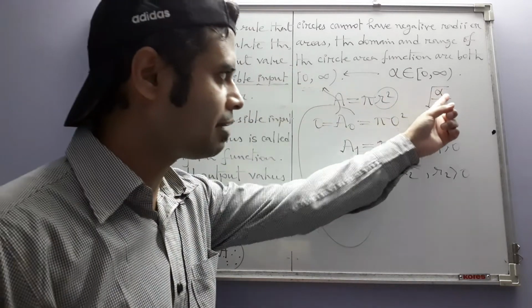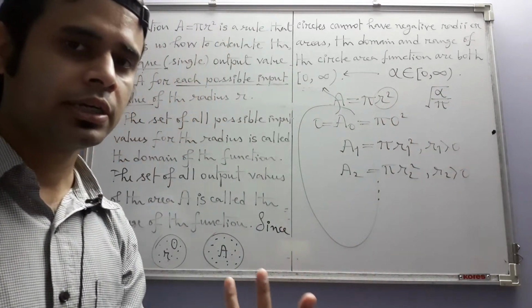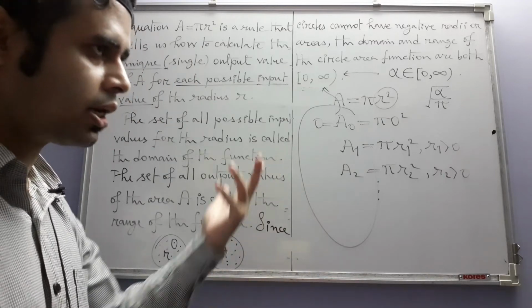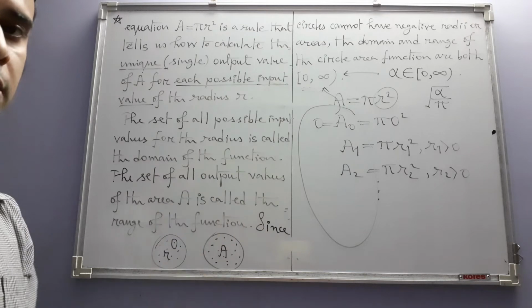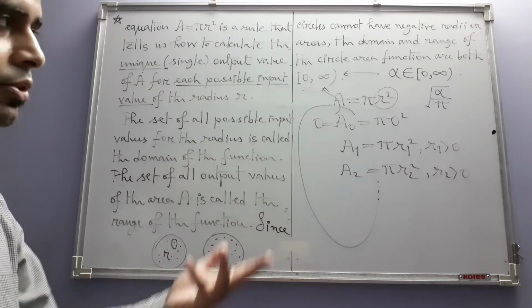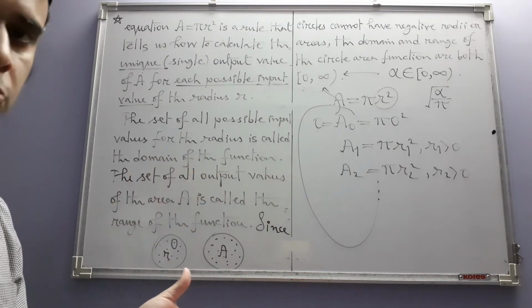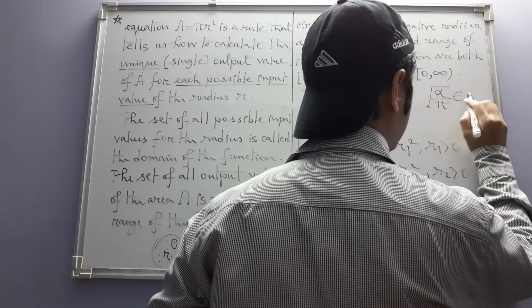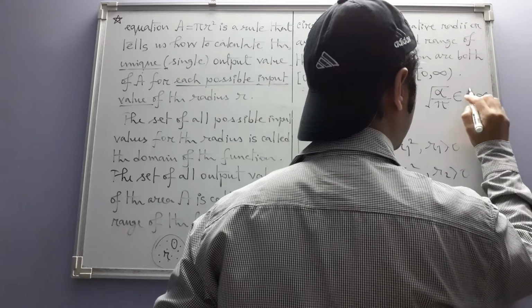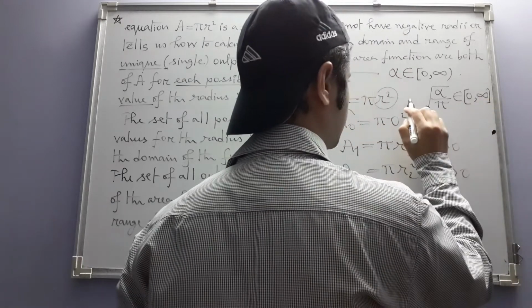If you divide alpha by pi, that is also a non-negative real number, so its square root exists and is itself a non-negative real number. The non-negative square root, of course, not the negative one, because there are two square roots, right? This exists and it is also a non-negative real number.